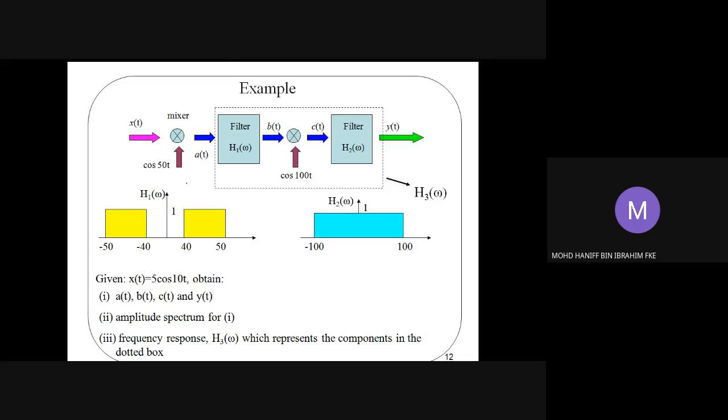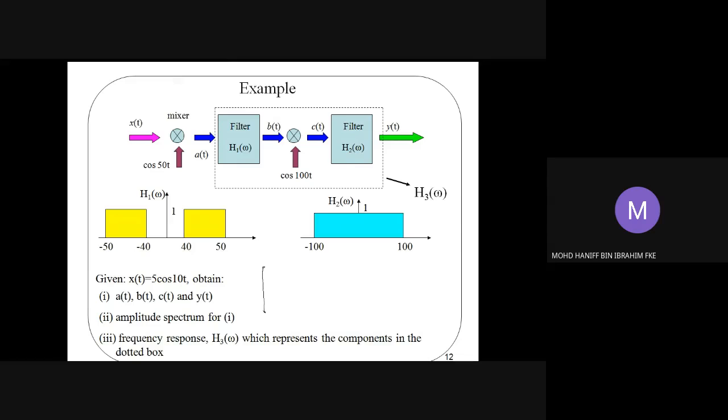To find H3(ω), we need to first sketch what should be A(ω), which is the input to the filter. If you can recall from the previous part 2, A(ω) can be sketched like this.